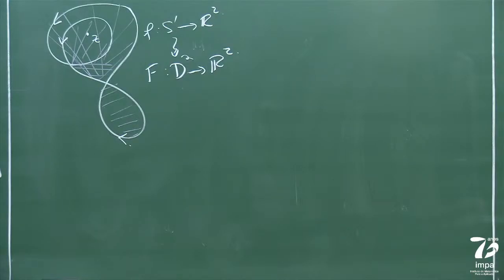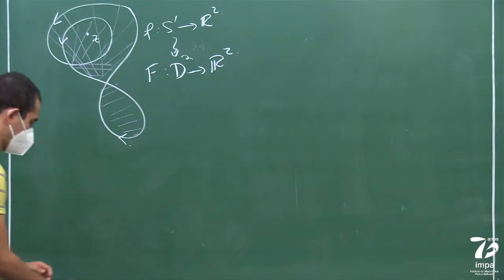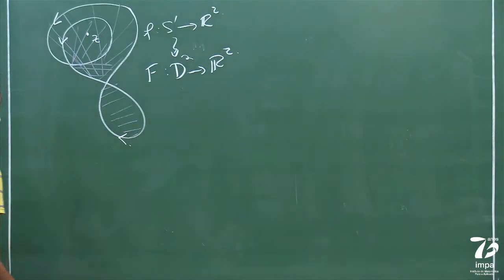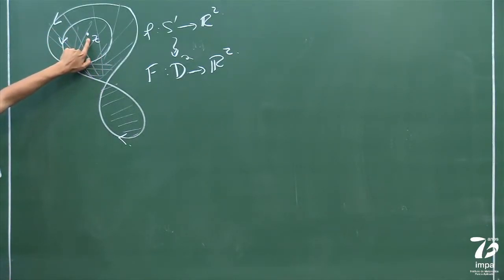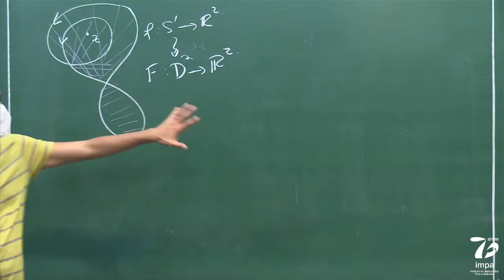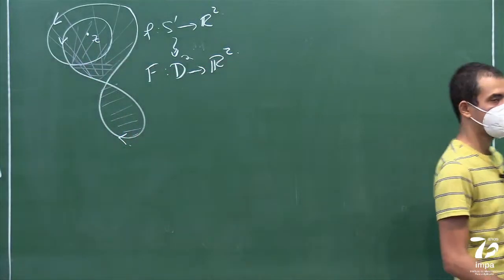Of course, it's not an embedding or anything, or you can actually find an immersion, but not an injective immersion. And it's not very hard to see in this picture that the map that I chose here for this point Z will have two pre-images.